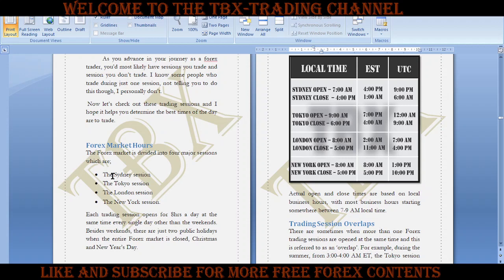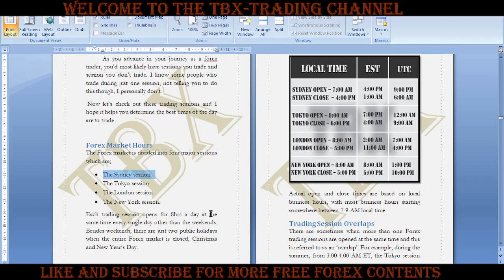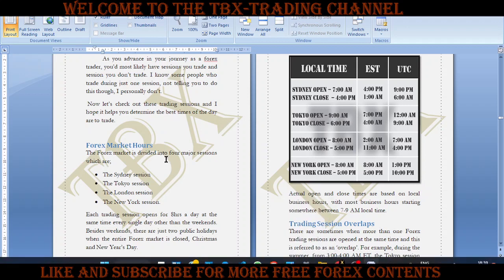There are certain markets where price moves seriously, and certain markets where price just moves continuously in one place. For instance, the Tokyo session, aka the Asian session, affects mostly Asian pairs, like JPY pairs.